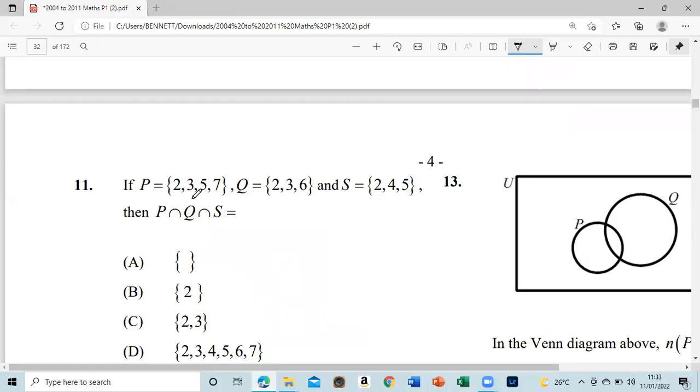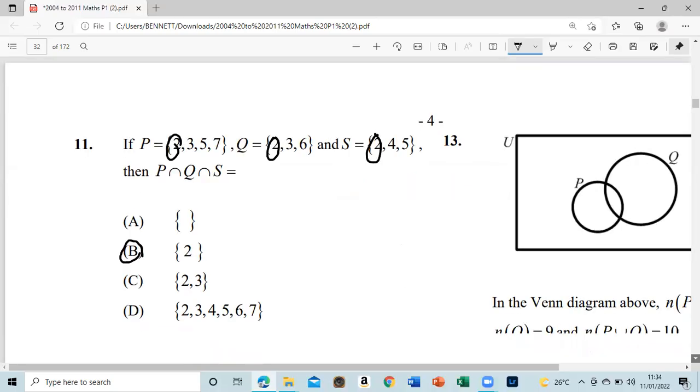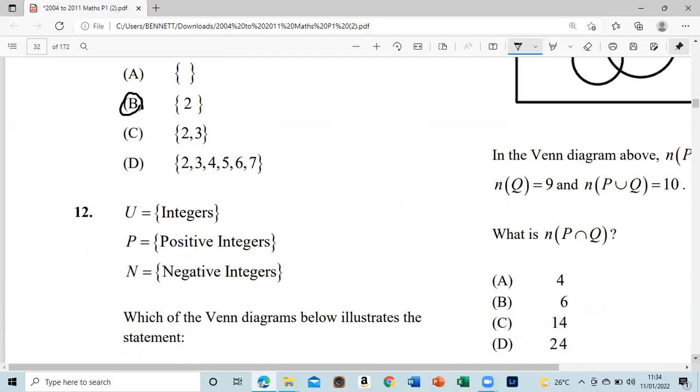All right, so we can identify we have 2 right here. 2 is in here, and 2 is there. So we have 3 here, but we don't have 3 here. So let's go to 5. 5 is in P and S but not Q. So our answer would be 2. 2 is the only one common to all 3. All right. Very important that you understand what you're doing.